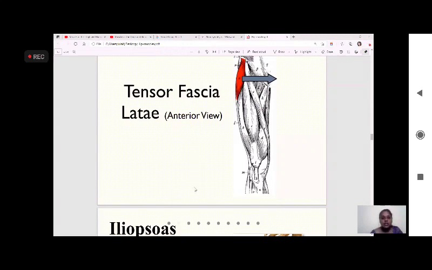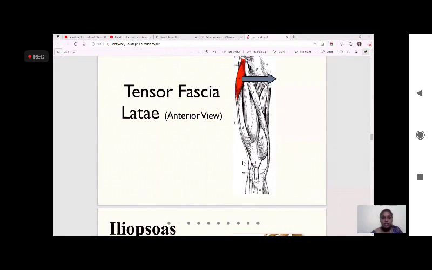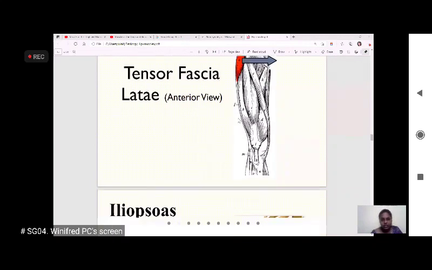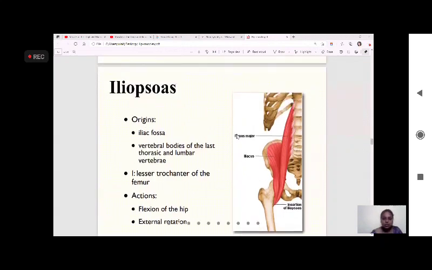Next is the tensor fascia lata. It is also part of the gluteal muscle and gets inserted into the IT band. Next, iliopsoas. The two muscles originate from two different places.